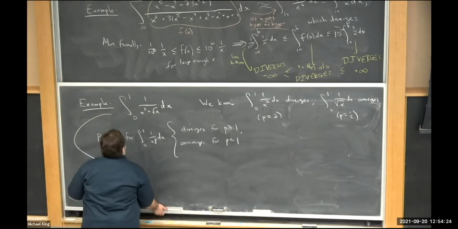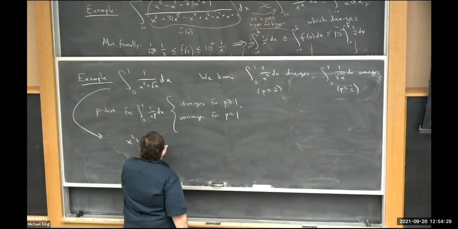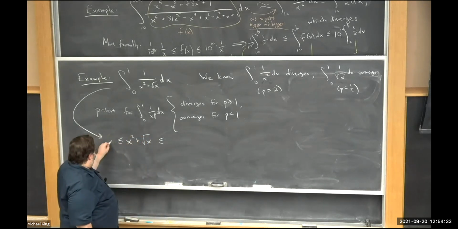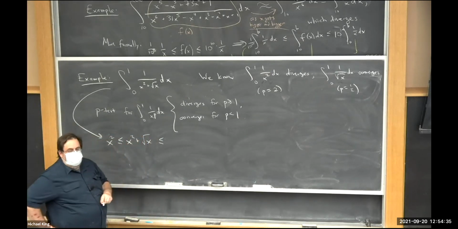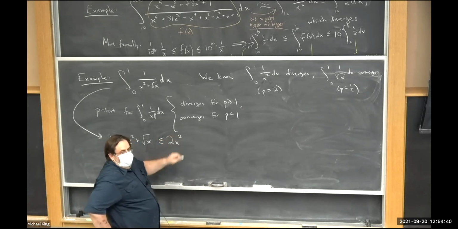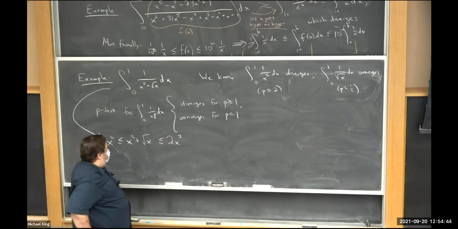So let's think about this. x squared plus root x. Let's try to compare it to x squared. This is bigger than x squared, right? Is it less than or equal to 2x squared? Guess I should put a question mark here.